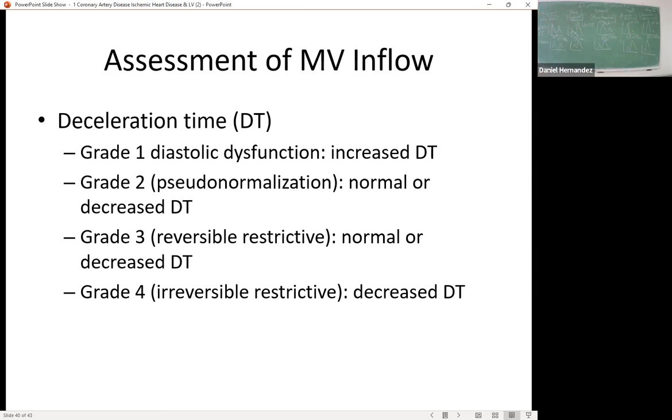In stage 3, we can still influence our waveform with the Valsalva maneuver. Once the patient is into stage 4 with irreversible restrictive filling patterns, that Valsalva maneuver becomes ineffective. It doesn't affect anything. So they still have a very large E and a small A.